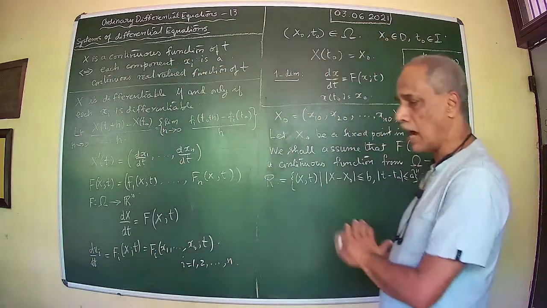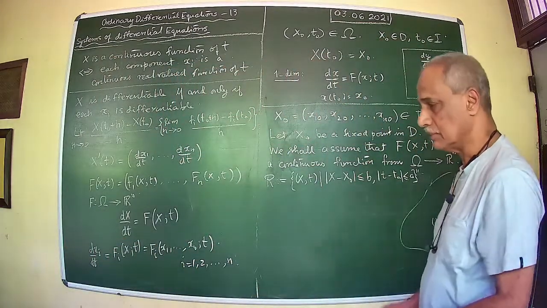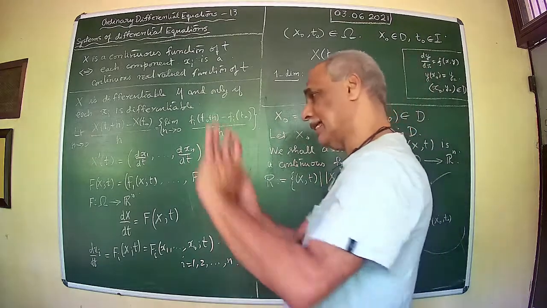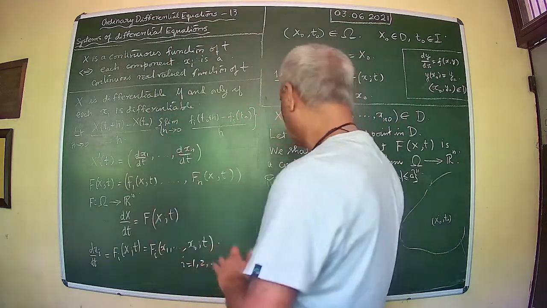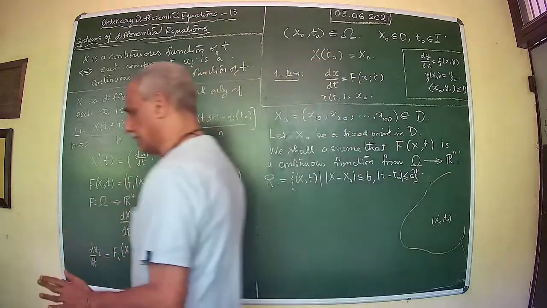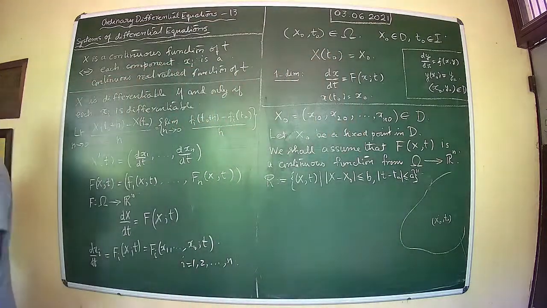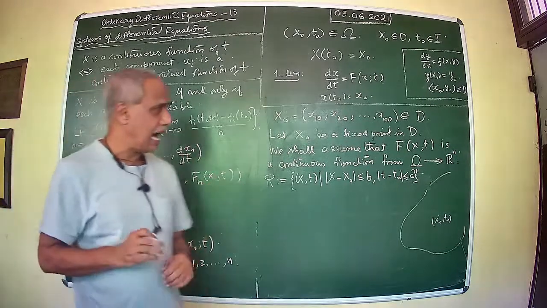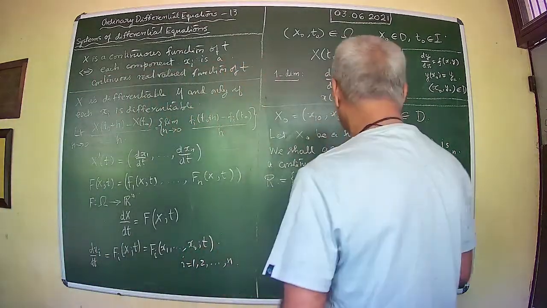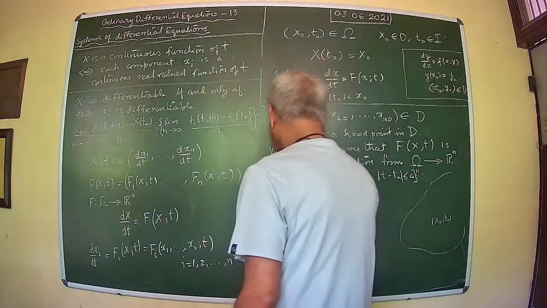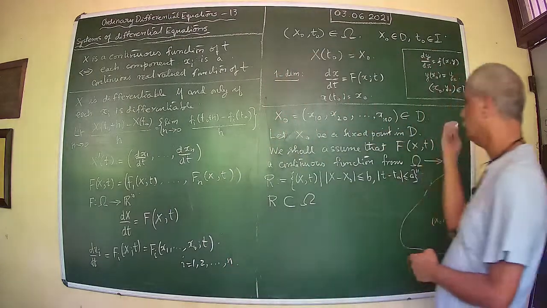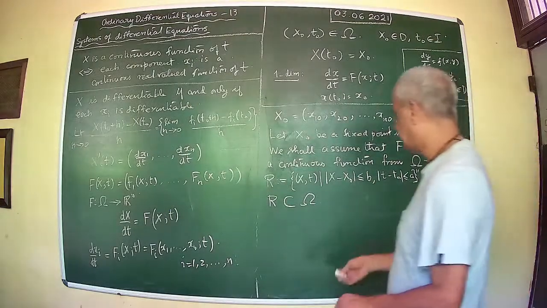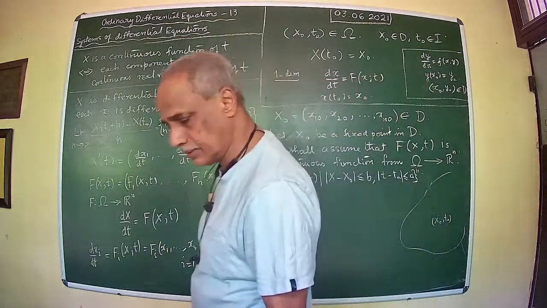From R to R^n, then the next stage is going to a topological space, but that is not required here. We are working all the time in metric spaces. So this R is now a part of omega.